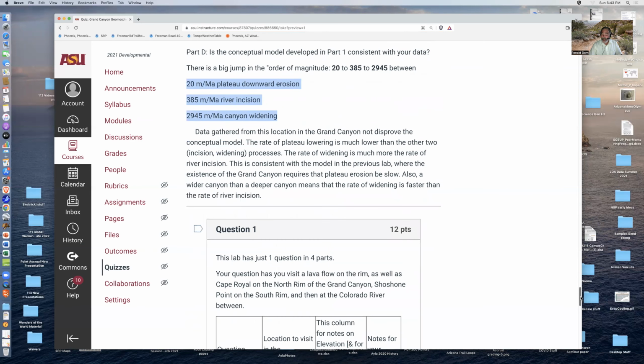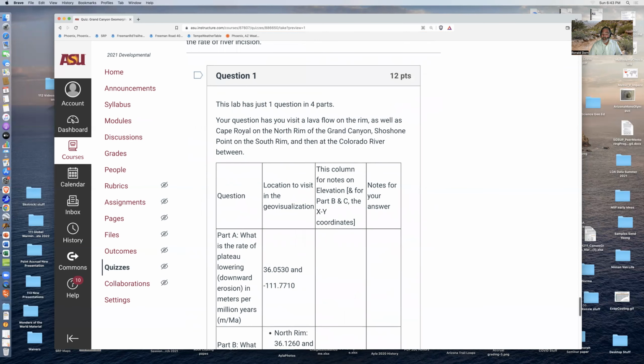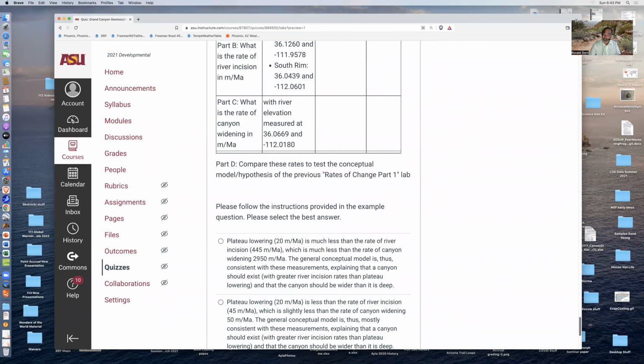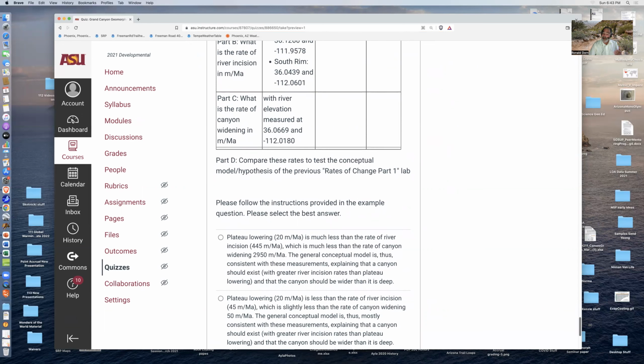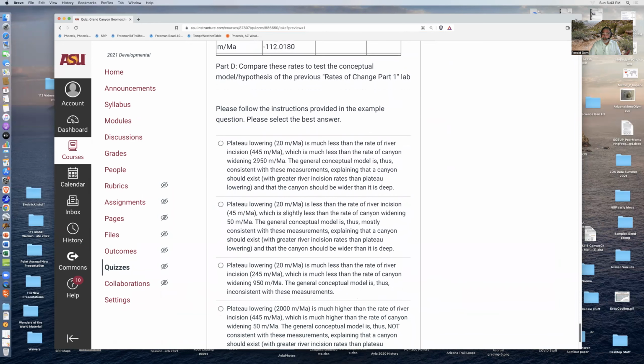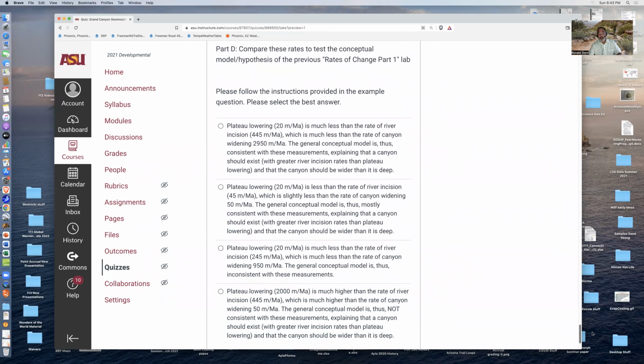So this is what the question is going to look like. It's going to have these 4 parts, and then you're going to compare these rates to the conceptual model. This is a random question pulled out, and you're going to have to figure out which one of these answers is the right one.